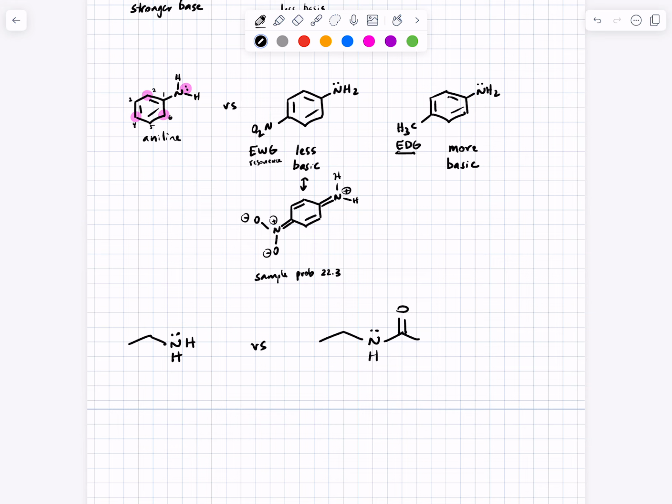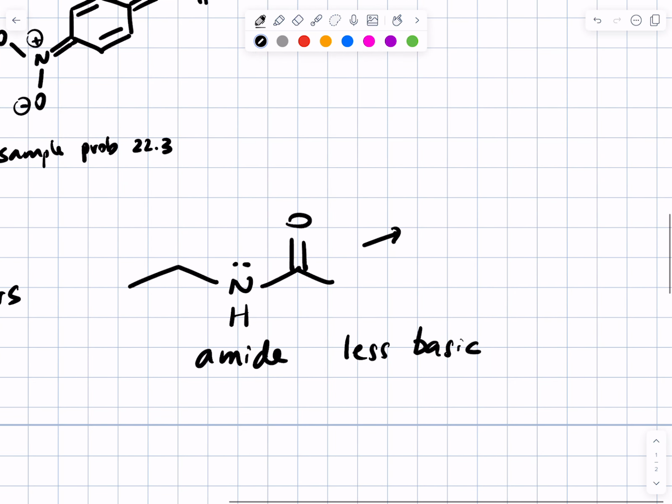The one on the right. Okay. The amide is, you're saying, is more basic or less basic? Less. Okay, you are right. Why is that? It's because you've got a carbonyl carbon, so it's electron poor, and so there's a resonance structure there. Good.